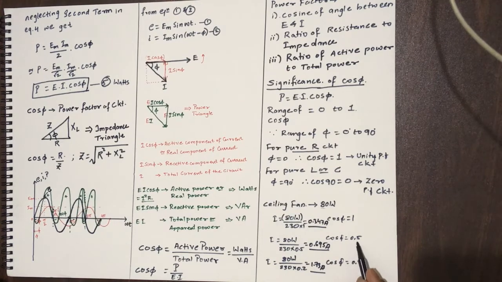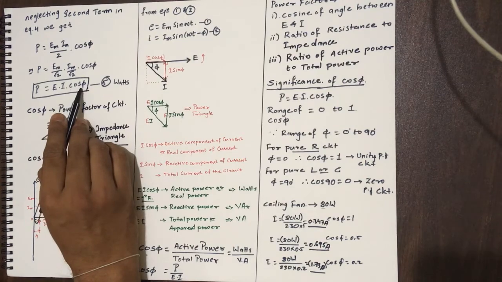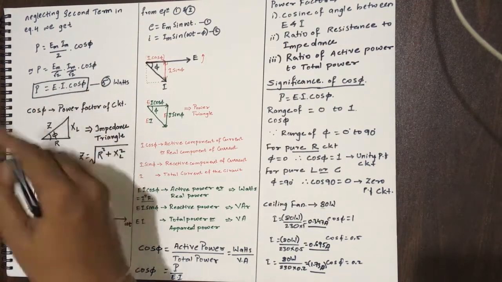When the power factor is kept at 0.5, the current drawn from the source is 0.69 amperes, but it is giving out the same amount of power. And when the power factor is 0.2, it takes a very large amount of current to deliver the same amount of power. So it means that from this equation, it appears that if the power factor is increasing, my power consumption increases.